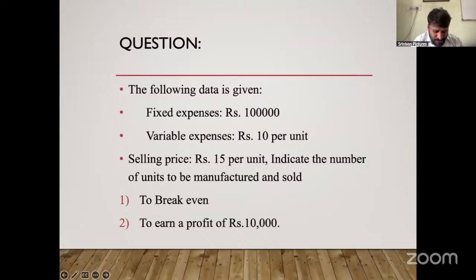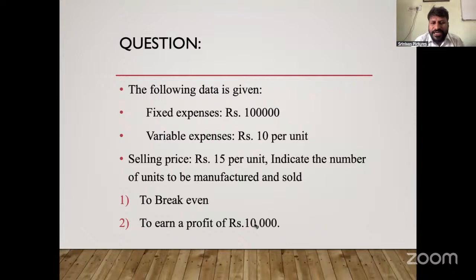So there is a question. The following data is given: fixed cost expenses, 1 lakh rupees, variable expenses 10 rupees per unit, and selling price is equal to 15 rupees per unit. Indicate the number of units manufactured and sold. So here we have to calculate the break-even and the units needed to earn a profit of 10,000.